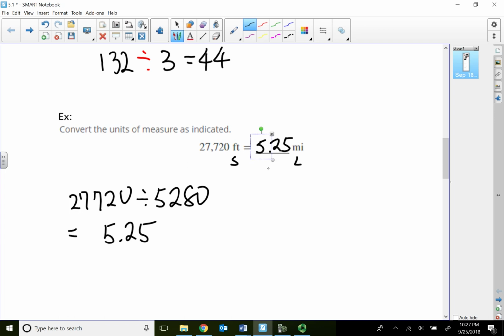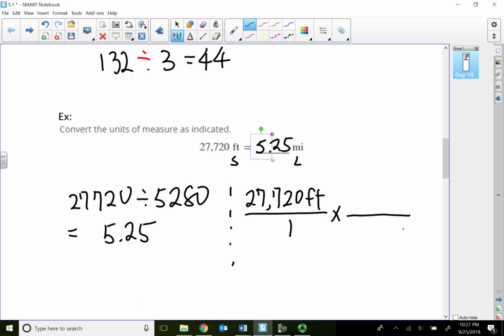You need a small number to represent that I'm coming from a smaller unit. All right. So dimensional analysis, or unit fraction method, the way you start is the same every time. You just take what you started with, 27,720 feet, write it as over 1 times another fraction. So now, what unit do you put in the bottom?